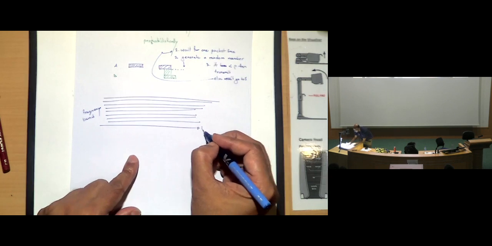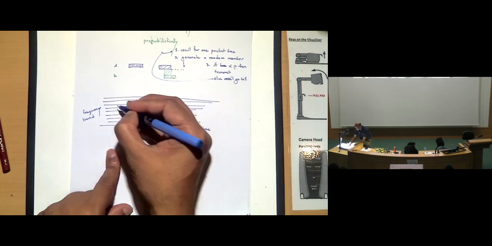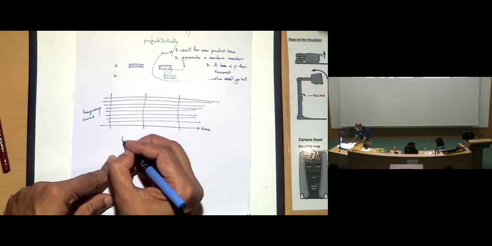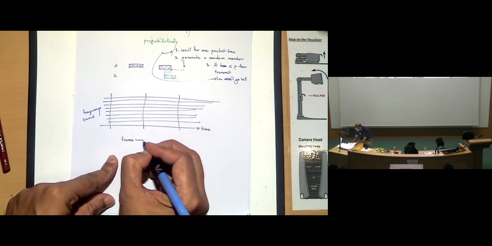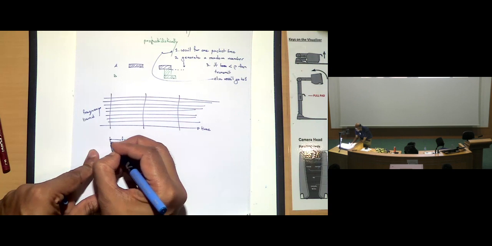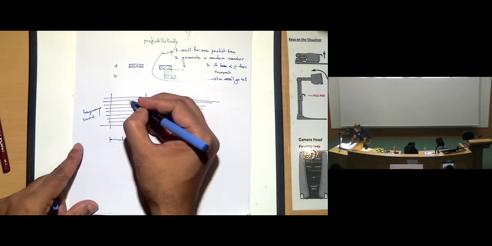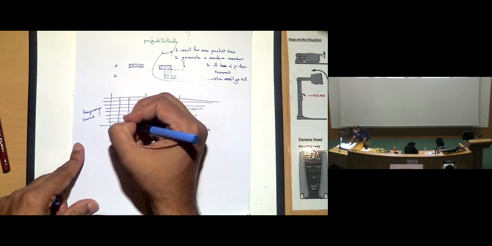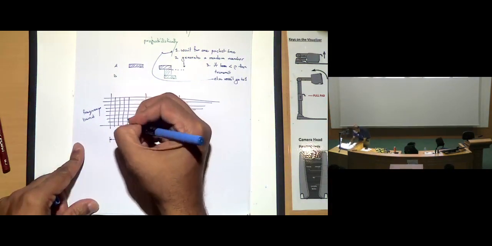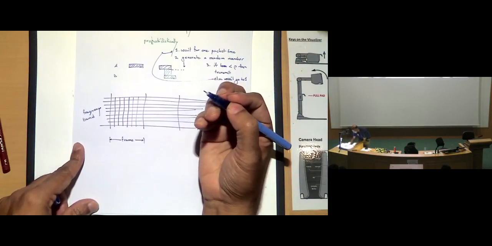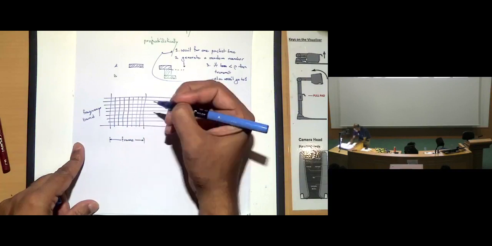And the x-axis is time. It also breaks up time into frames. This is one frame, this is another frame, and so on. And within the frame, you would have time slots. Anyway, you get the idea, right?